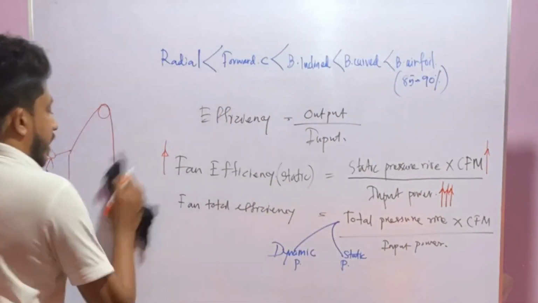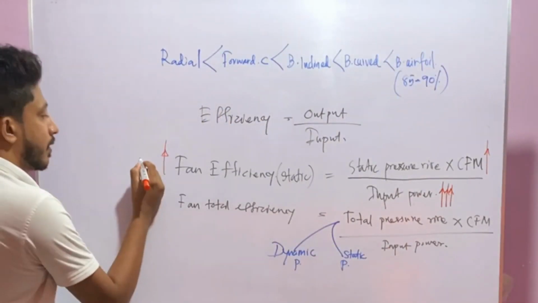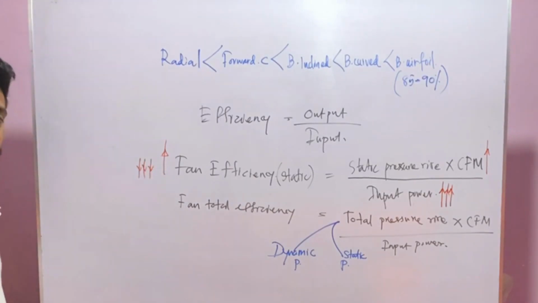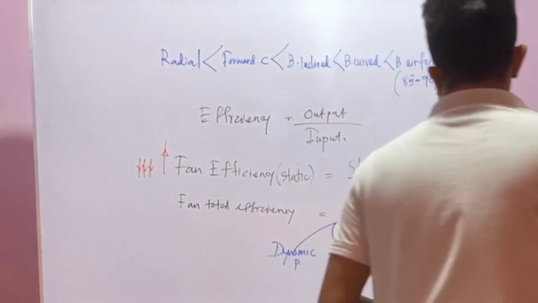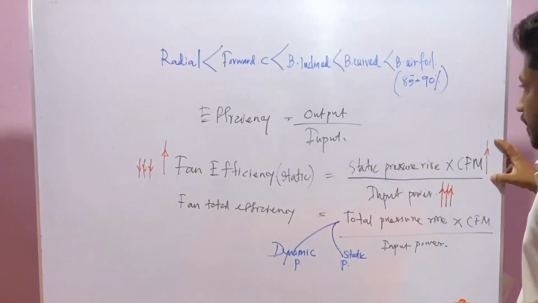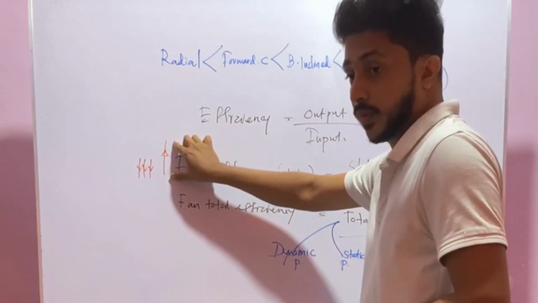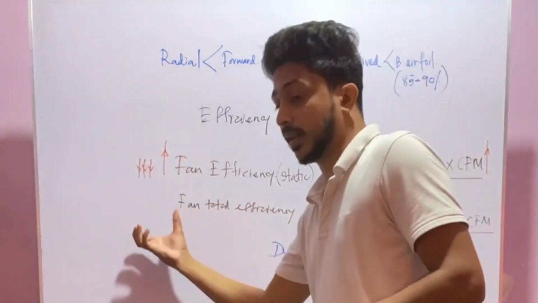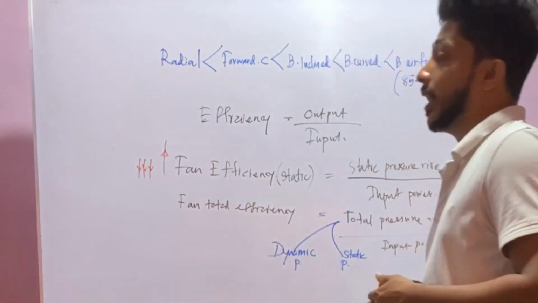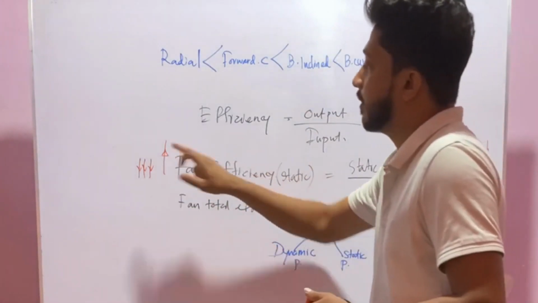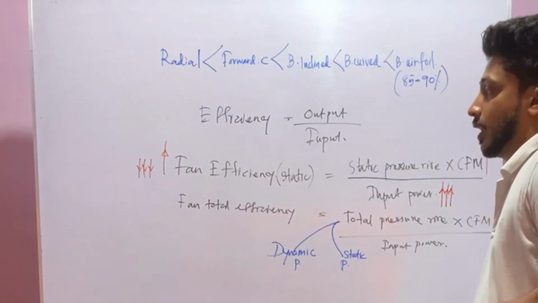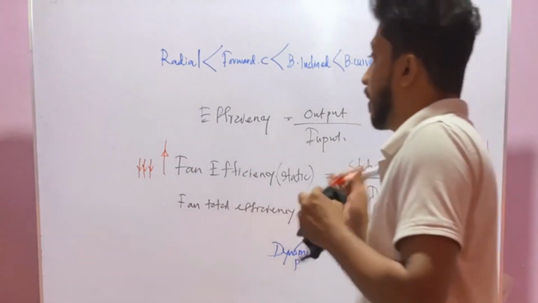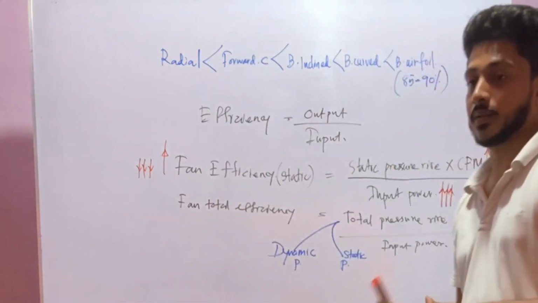That means if it is increased, this will be decreased in a higher amount. Okay. So actually, due to this, fan efficiency should be increased, but due to this, fan efficiency is decreasing in a higher amount than this increase. Okay. So because of that, backward curve fan has a greater efficiency than the forward curve fan.